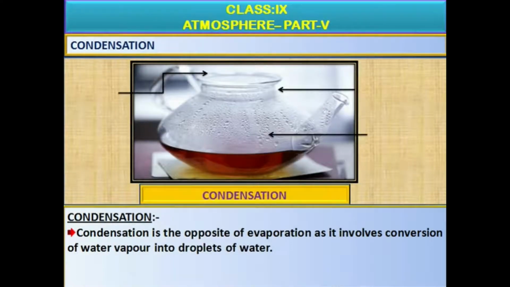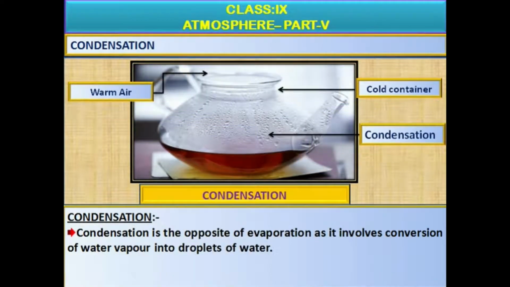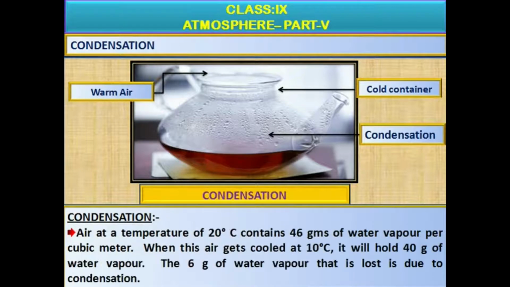Now let us learn condensation. Condensation is the opposite of evaporation as it involves conversion of water vapor into droplets of water or crystals of ice. Sometimes when water vapor touches a cooler surface, it turns from water vapor to liquid water. When the relative humidity exceeds 100%, the excess of water vapor present in the atmosphere gets condensed as minute droplets of water.